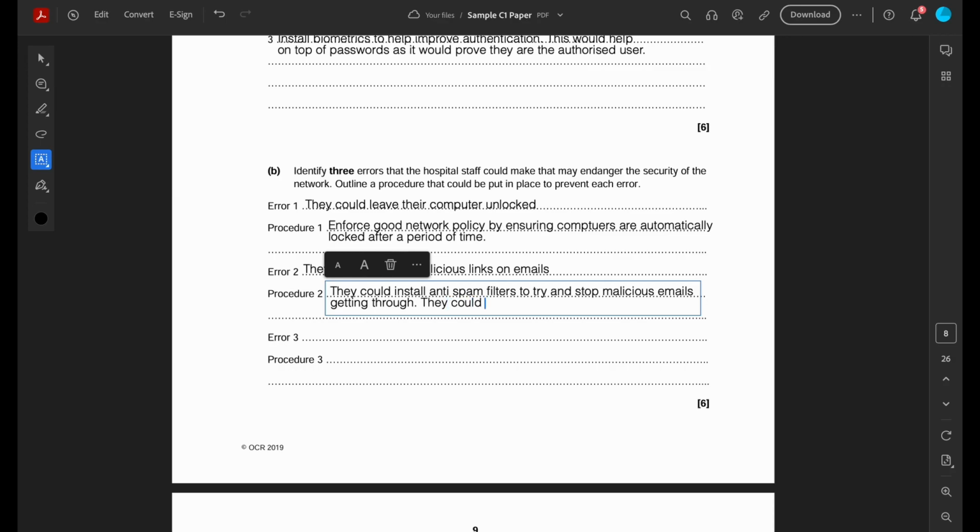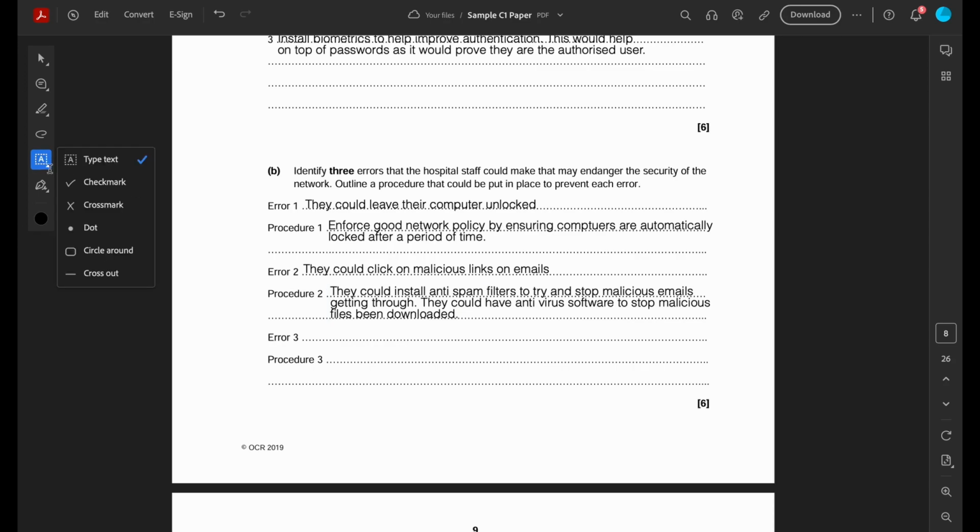It doesn't say how many things I can give, so that's 3 errors, even when it's the same error and I'm just describing it more. They could have antivirus software to stop malicious files being downloaded. So that's going to cover them for that one.